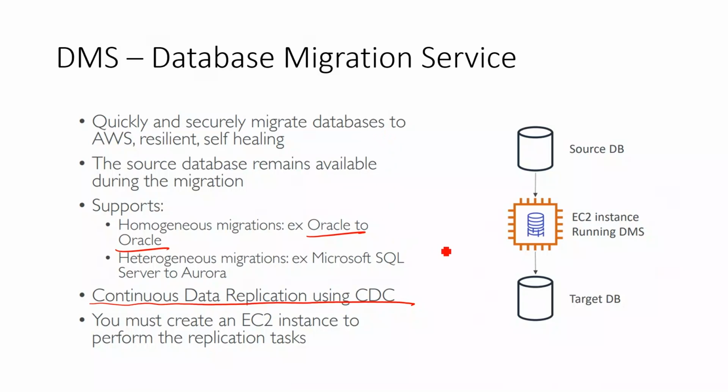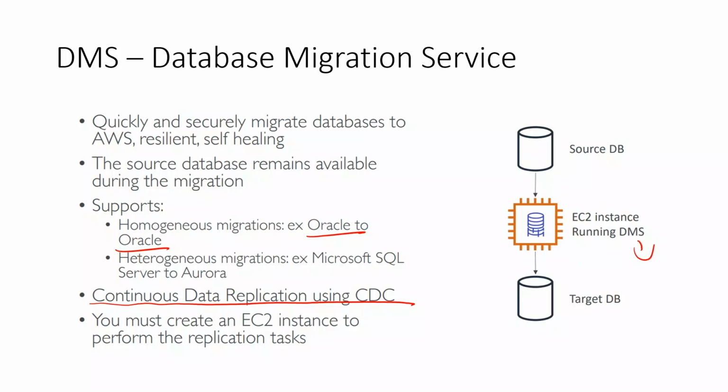So basically what happens here is you have a source DB, and there will be an EC2 instance which will run DMS, which is Database Migration Service, and it will act as a medium for your replication tasks, right? You can also change some tasks in between, like some modifications you want to make.